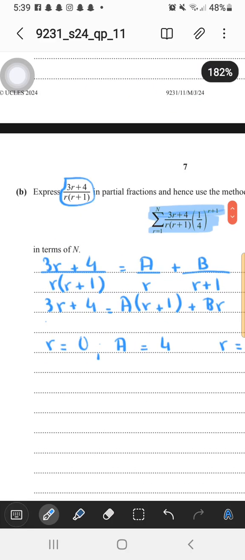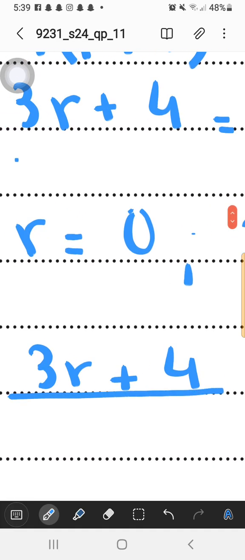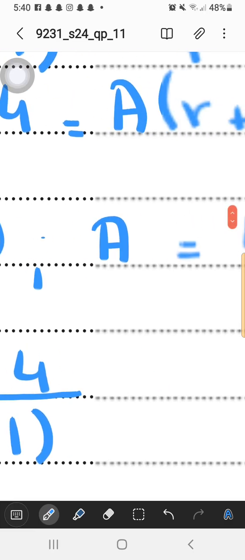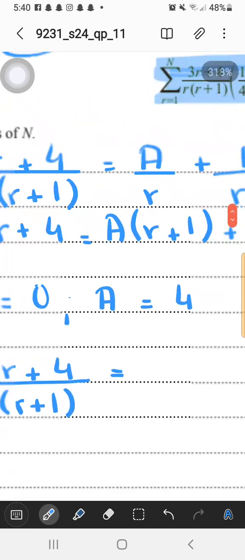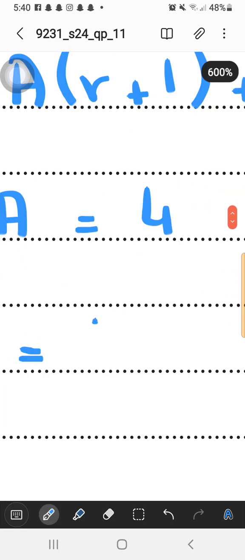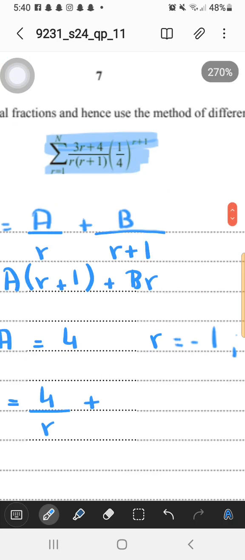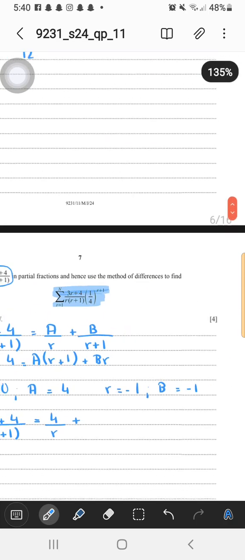Okay, so (3r plus 4) divided by r plus 1 is equal to a upon r plus b upon r plus 1.